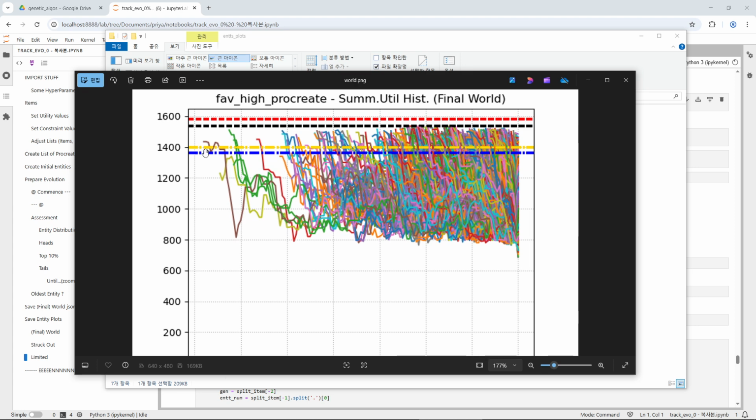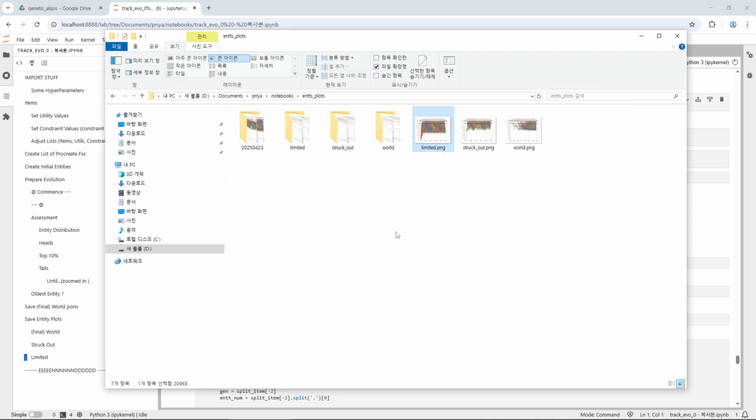See how every entity, even in the final state of the world, has a downward slope. This is because none of them got struck out. They were yet to be struck out, or yet to be limited. But all of them were like this, which is sad. I don't really see a lot of entities constantly going up or becoming better. We'll see that in a moment.